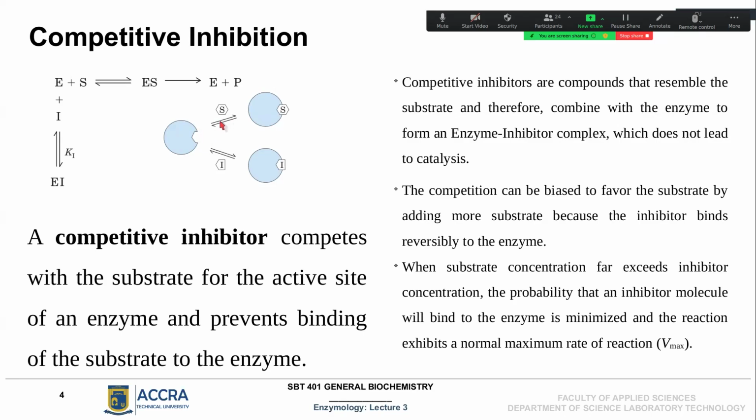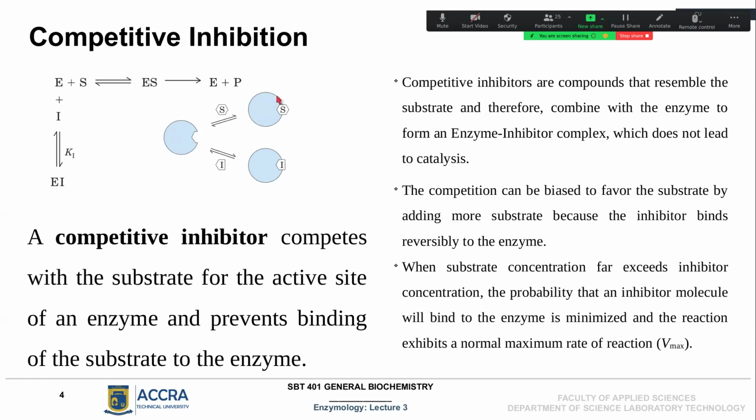So you see that in a normal situation, you have a substrate which is bound to the enzyme to give you an enzyme substrate complex. And then once you have an enzyme substrate complex, the reaction proceeds at the speed at which it proceeds when an enzyme is introduced in that reaction. So you see that depicted here. The enzyme is depicted here as E, and the substrate is S. So the enzyme and a substrate have an interaction, and they form an enzyme substrate complex, which you see here.